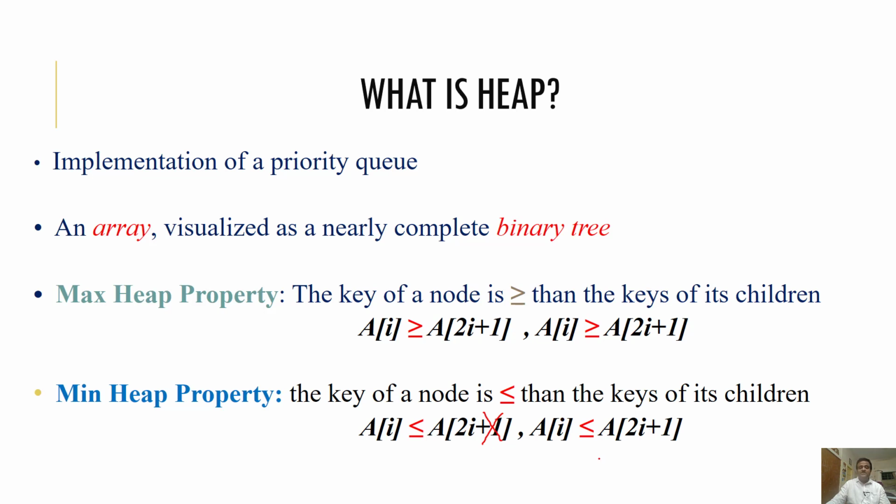That means ai must be less than the minimum of its child key values. In this lecture we will concentrate on the max heap and see how a priority queue can be implemented using this data structure.